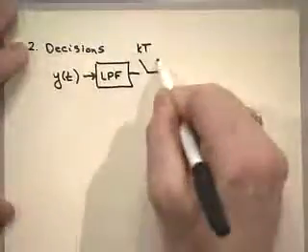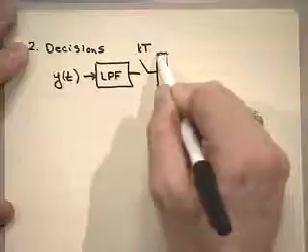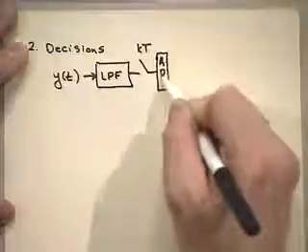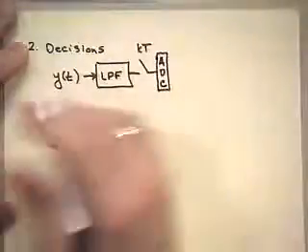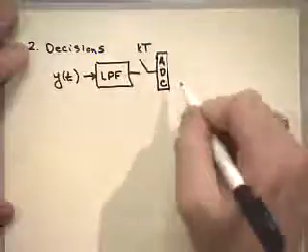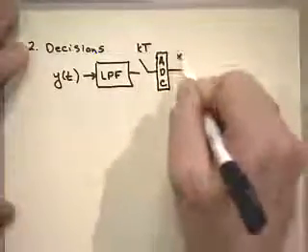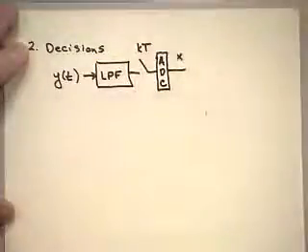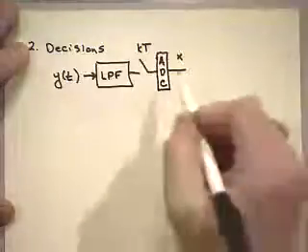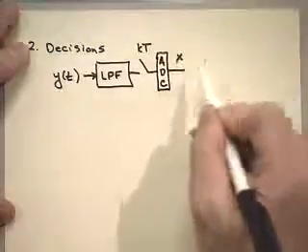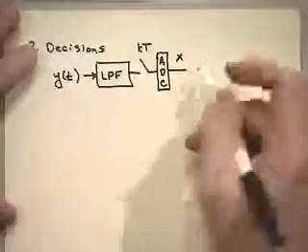And then I would run through an analog to digital converter. And out would pop X at this point, the symbol value. And then I would go ahead and make a decision on that.